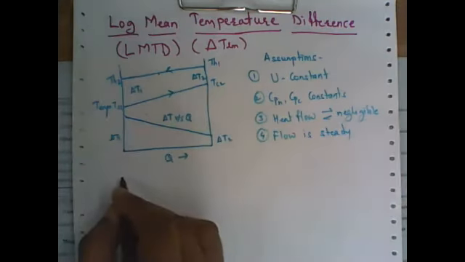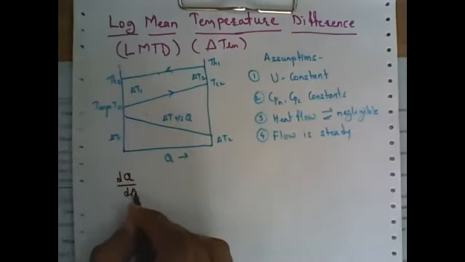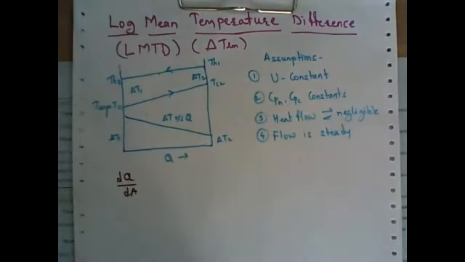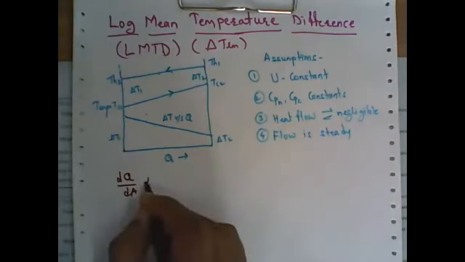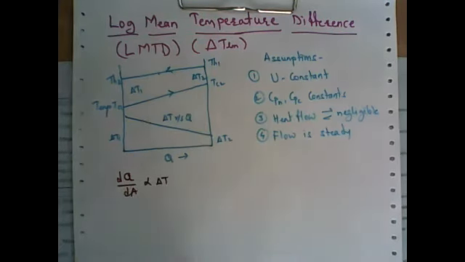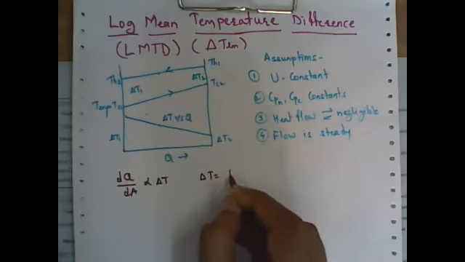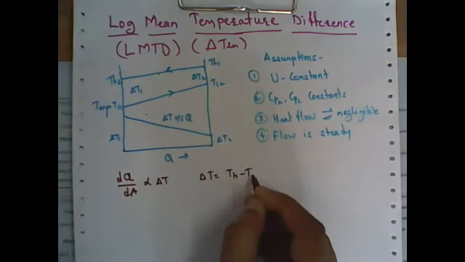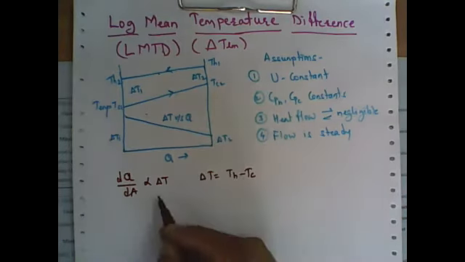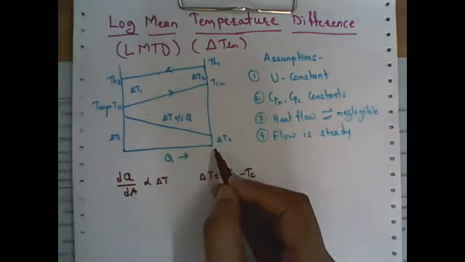Initially we must know that the heat flux, that is Q by A, or in derivative terms dQ by dA, is proportional to the temperature difference. Delta T is the temperature difference, TH minus TC, because this delta T may be delta T1 or delta T2.